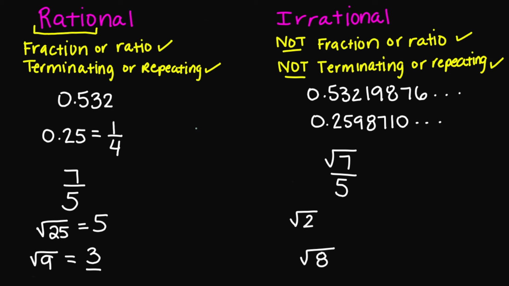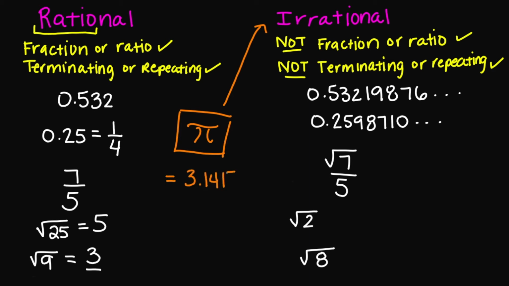What about pi? Is pi rational or irrational? Pi is irrational because the decimal number for pi is going to be 3.14159, and it goes on and on and on without repeating or terminating.